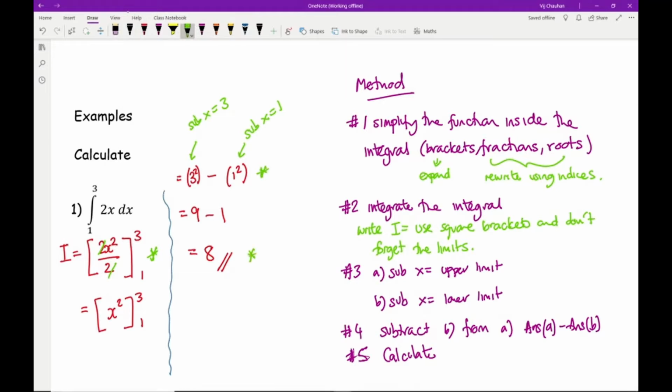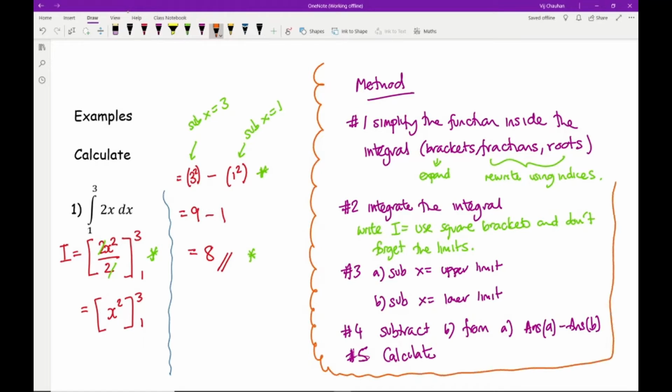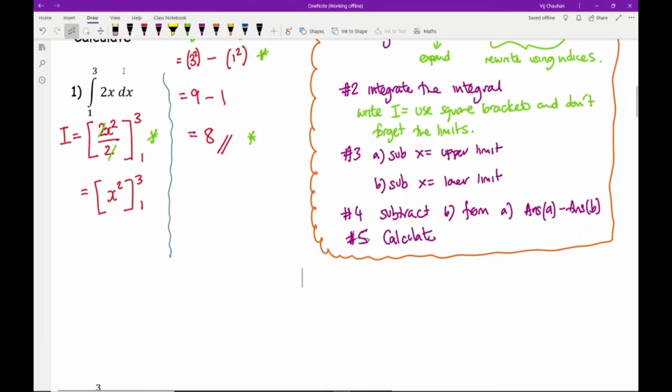That would be the very bare minimum, but personally I would write down everything just to play it safe. So I'm going to put a highlight around this method, and for the next set of examples I'm going to be following these 5 simple steps, and I'll be talking you through the range of them all. So let's have a look at the next example.